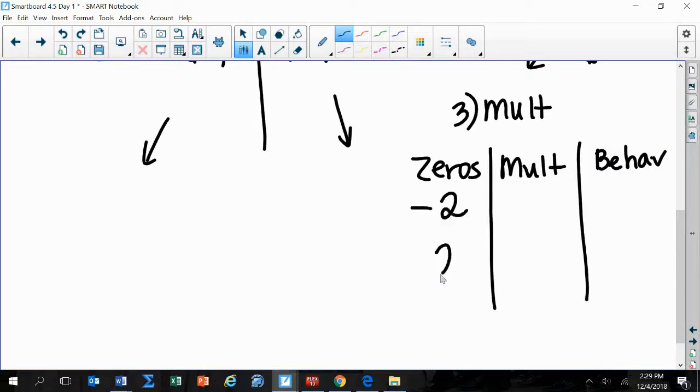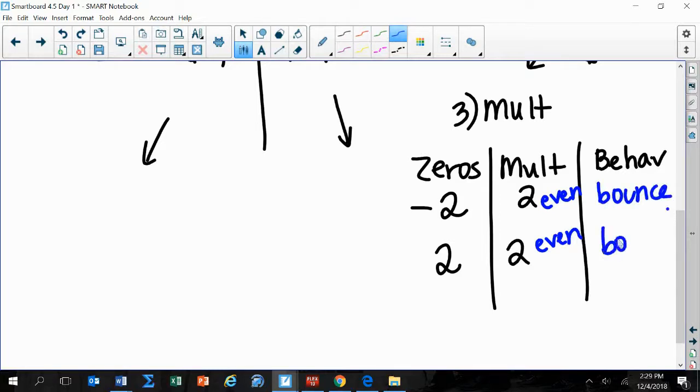So at negative 2 and 2, those were both my x-intercepts. What was the multiplicity of each of those? 2. So would we see crosses or bounces? It would be bounces. Both of these are even. So we're going to see a bounce at each intercept. Okay, so that's how I determine what's happening at each intercept.